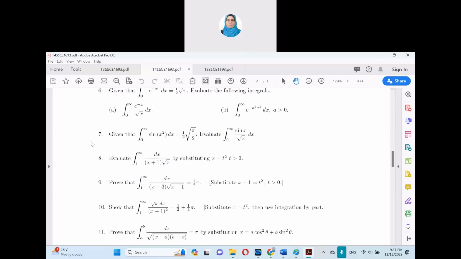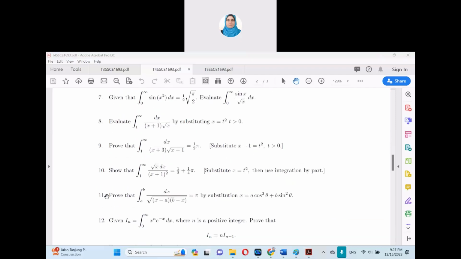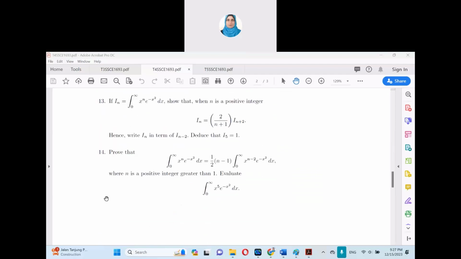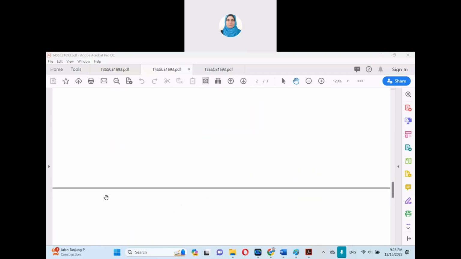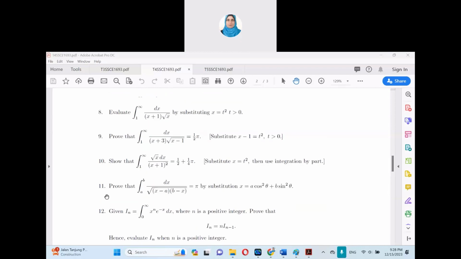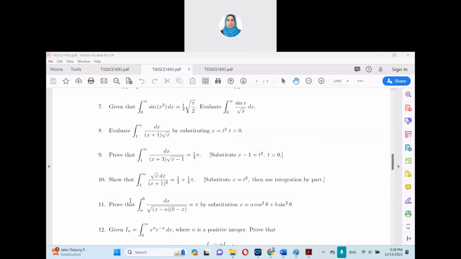Now because students asked from 10, all of your sections ask from 10 until 15. The questions from 10 until 15 all have the same idea. Okay, let's start from 10. Show that the integral from 1 to infinity of square root of x dx over x plus 1 squared.